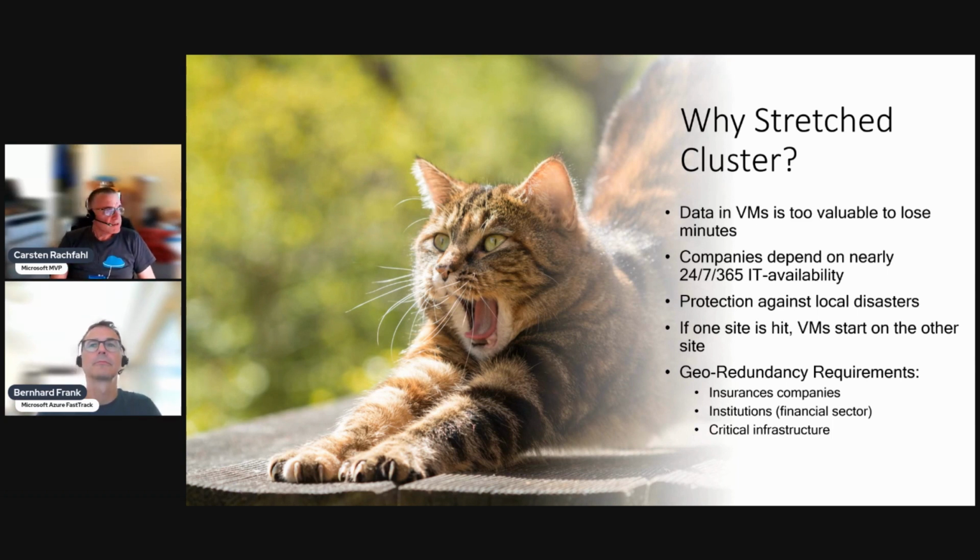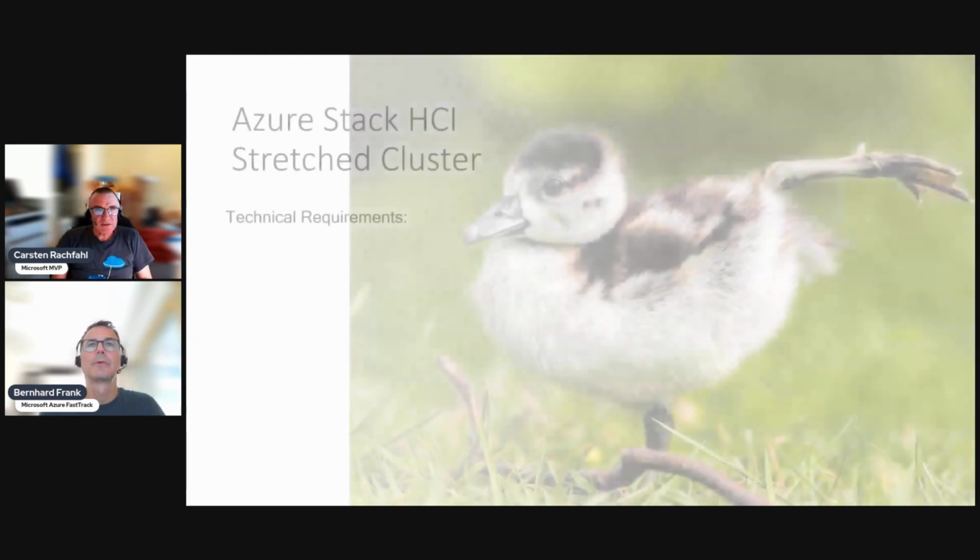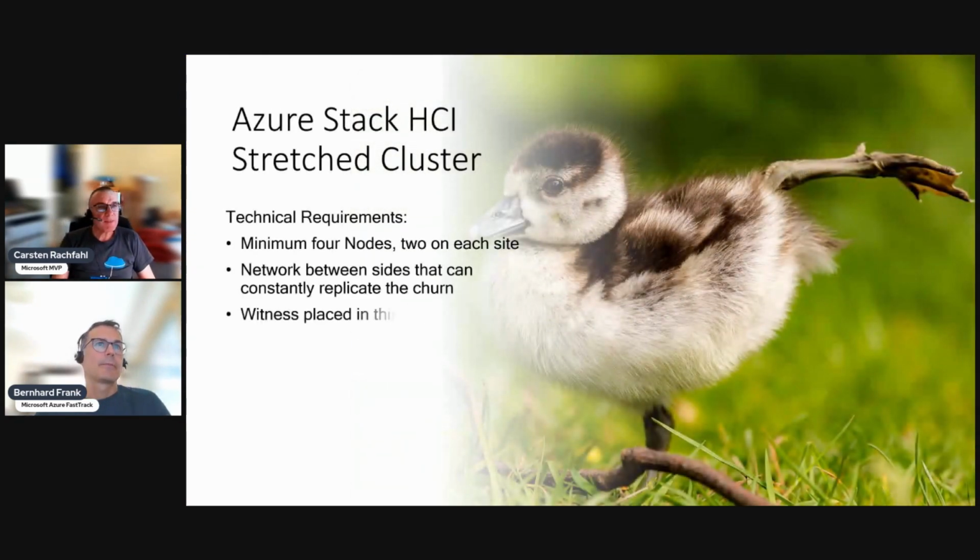So, Bernard, some requirements for stretch cluster, and that's you, right? Yes. As of September 2023, with Azure Stack HCI 22H2, which is our current version at the time of this recording, the technical requirement is a minimum of 4 nodes. So you need to have 2 nodes on each side in order to get that up and running.